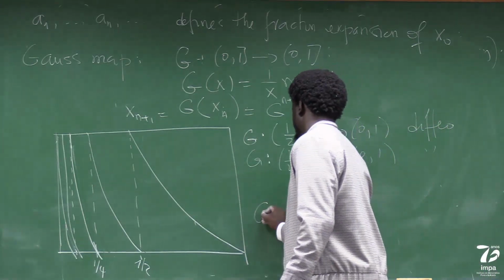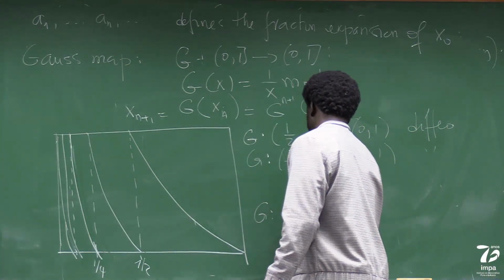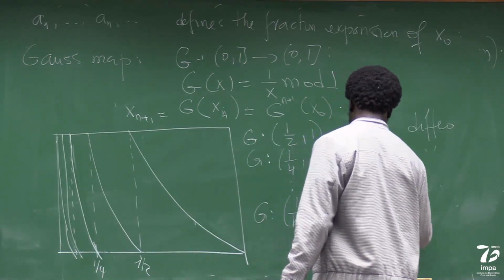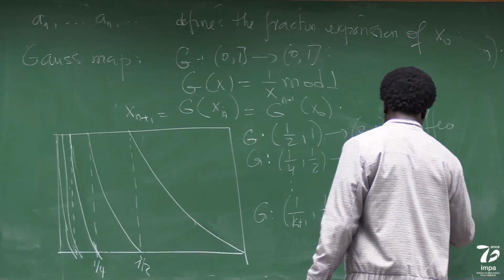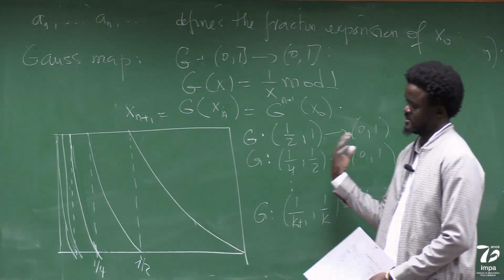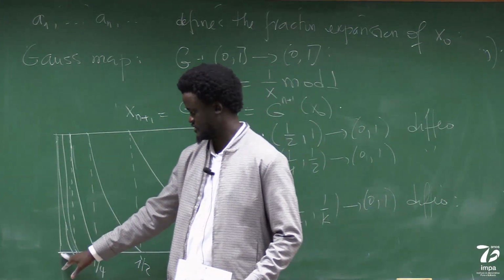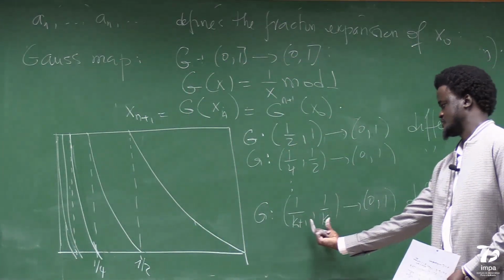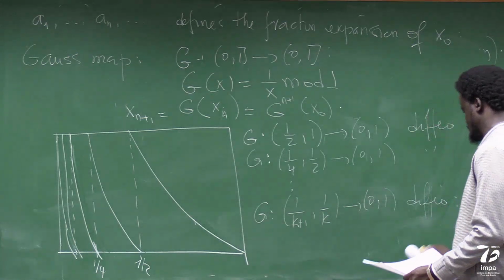And you have G from 1 over k plus 1 to 1 over k is a diffeomorphism. See that this map has the property that the derivative is going to blow up. It's going to infinity when you're getting close to 0 because it's 1 over x squared. That's why you see these intervals that are getting smaller and smaller.